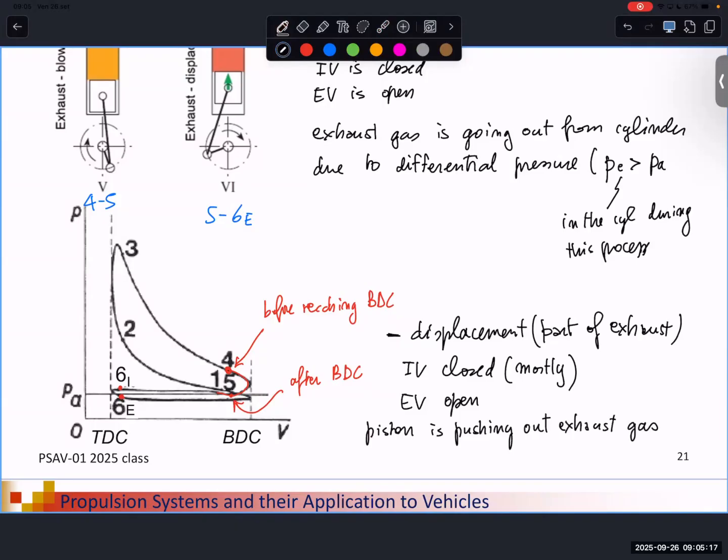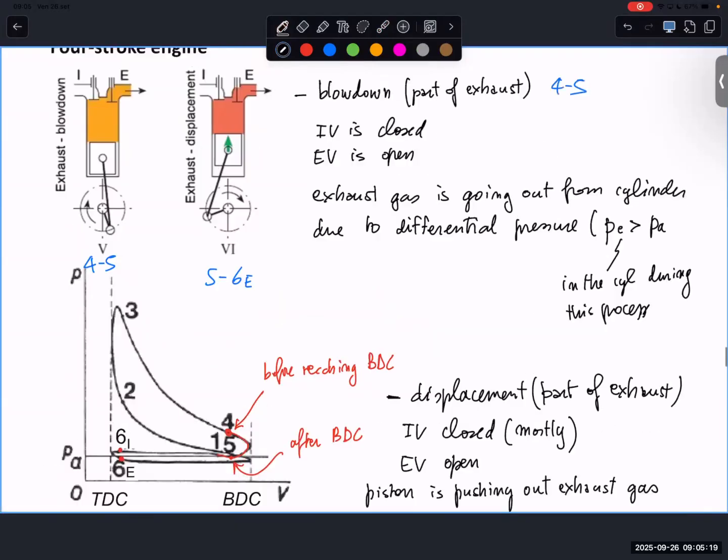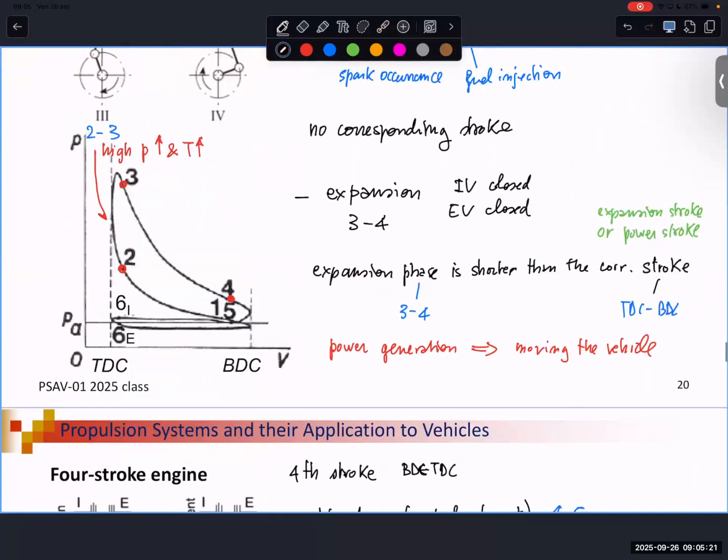We have also to consider that on the power stroke, power generation that is used to move the vehicle, the gas is doing work on the piston.